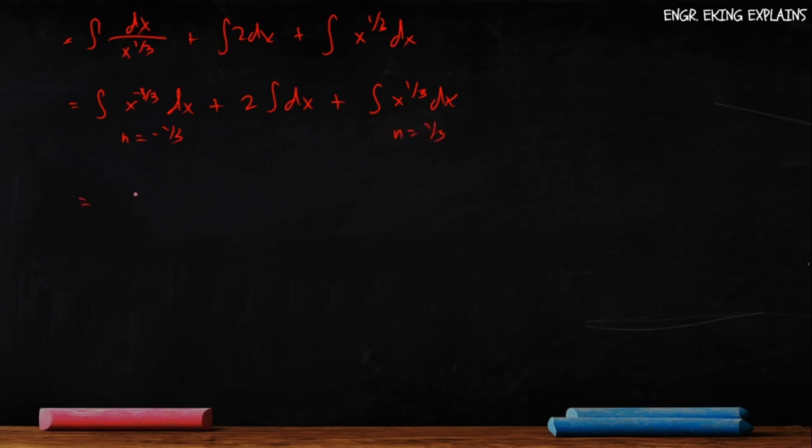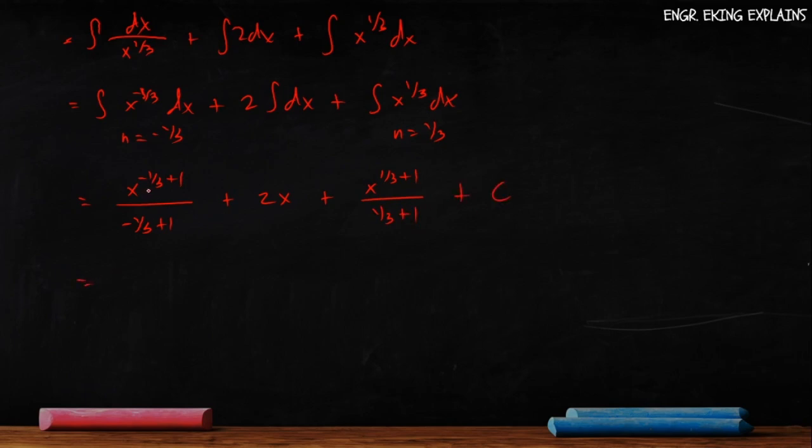So we'll have x to the negative 1/3 plus 1 all over negative 1/3 plus 1, plus the integral for this one, 2x plus x to the power of 1/3 plus 1 over 1/3 plus 1. So we could put plus c there.